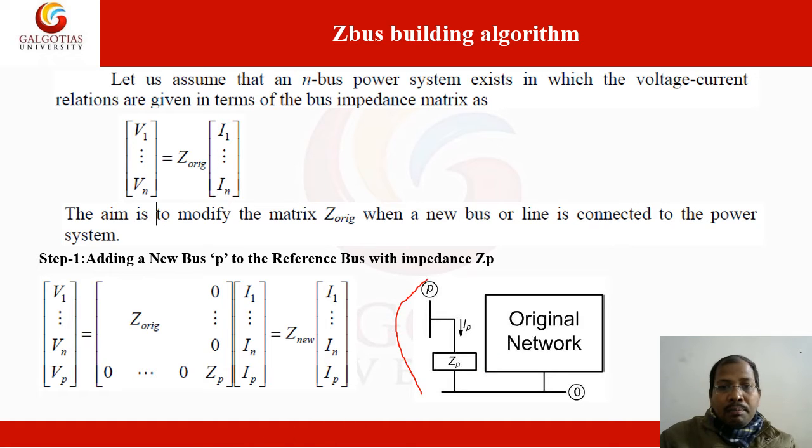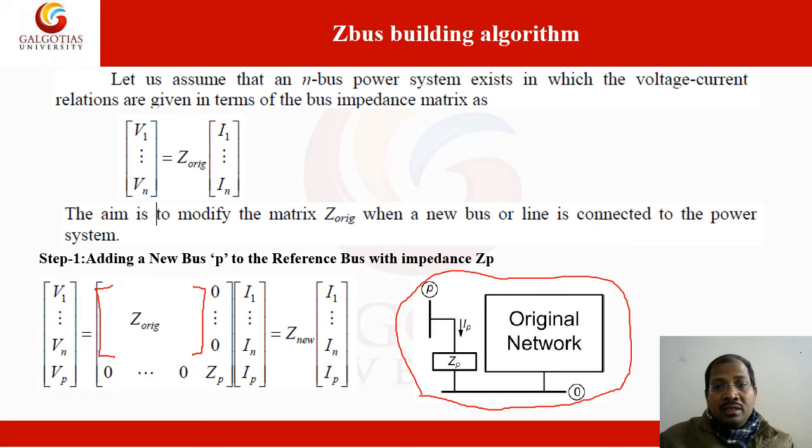So we have to consider the complete network impedances. Here this is the Z bus original, and we have to add one row and one column. The column has zero elements, because this bus has no connection to this network; it is connected only to the reference.